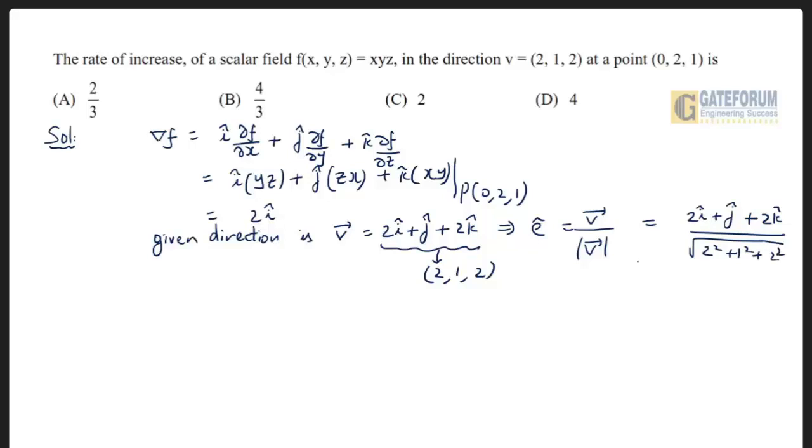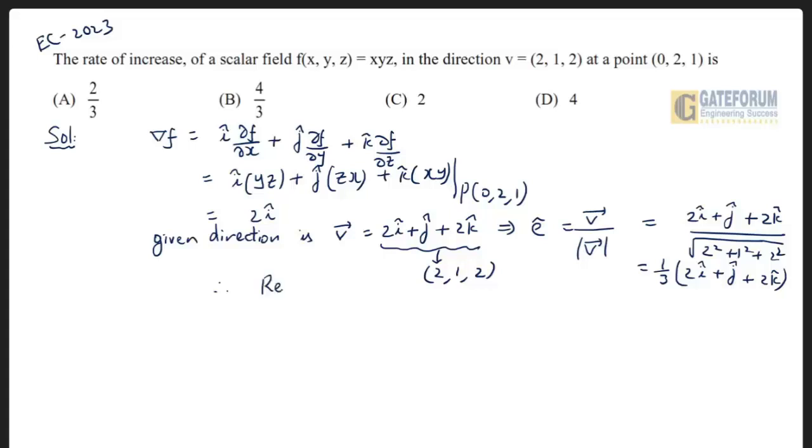First find mod v bar and then write the e cap vector. Square root of 9 is 3, so 1 upon 3 multiplied by 2i cap plus j cap plus 2k cap. So this is an easy question from 2023.